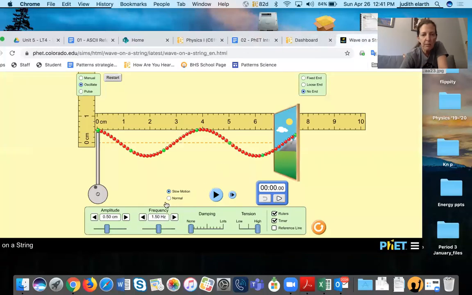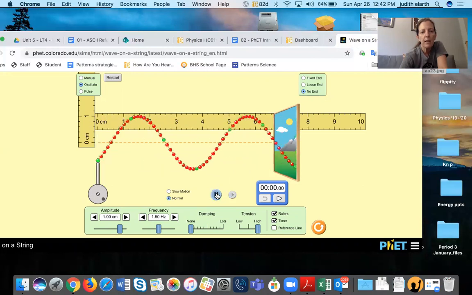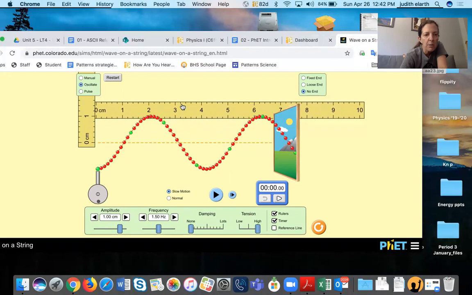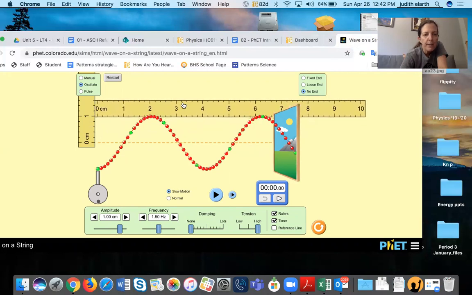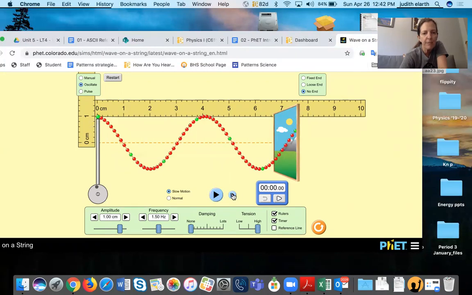And then the next one, I'm going to change this to 1.0. So I'm going to let it run a second. Get that wave in here. There we go. I'm going to end up with slow-mo. I'm going to move this because this should be right up. It should be at an amplitude of 1, right? So I'm going to start it. And when I have my crest up there, oh, that good?